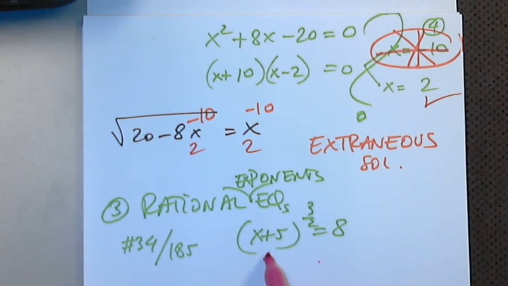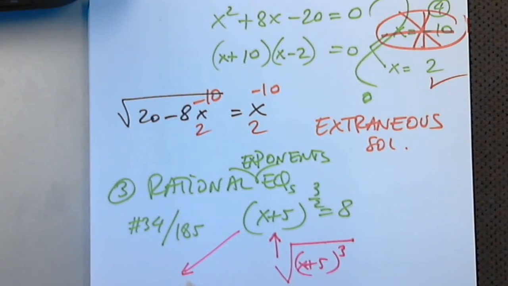Is there another way of writing x plus 5 raised to 3/2? The square root of x plus 5 cubed. Exactly. So that's another way. You can change it into a radical if you want to. But let's say we don't.